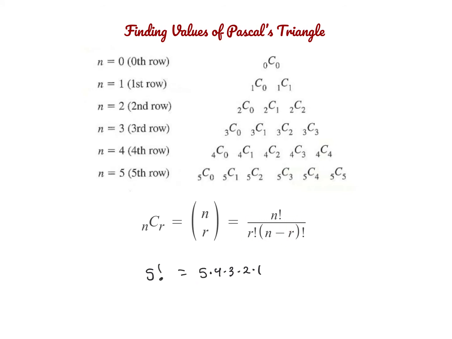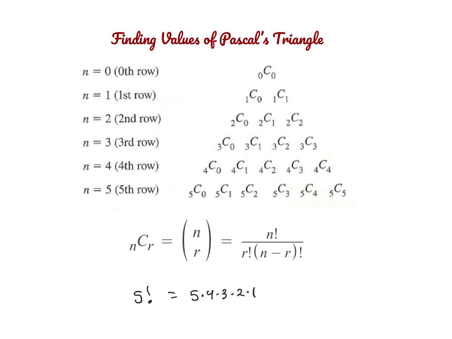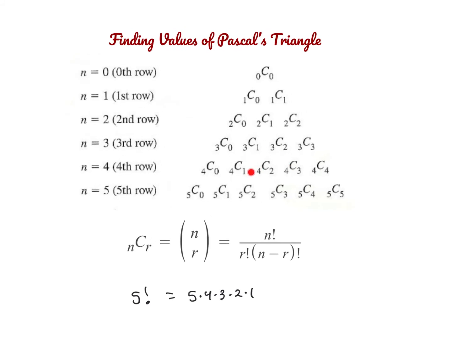So there is a formula for this, and again that's for n choose r, or you might sometimes see it written like this with 2 large parentheses and then n on top and r on the bottom. You can use the formula, or your calculator can actually do combinations. It's going to be really important that you know how to do that in your calculator. But this combination formula can actually help us find each of those terms from Pascal's triangle.